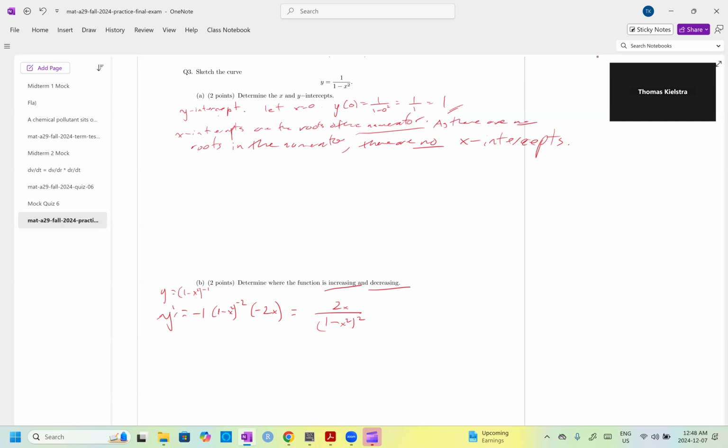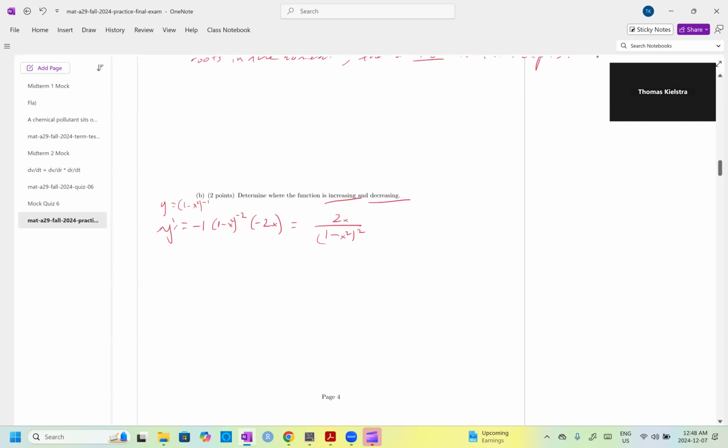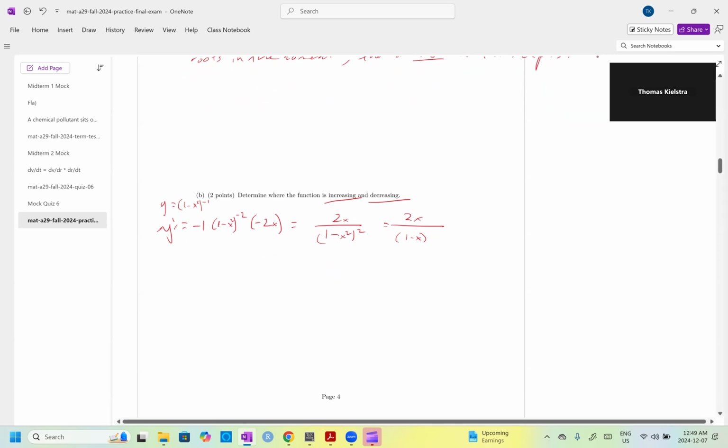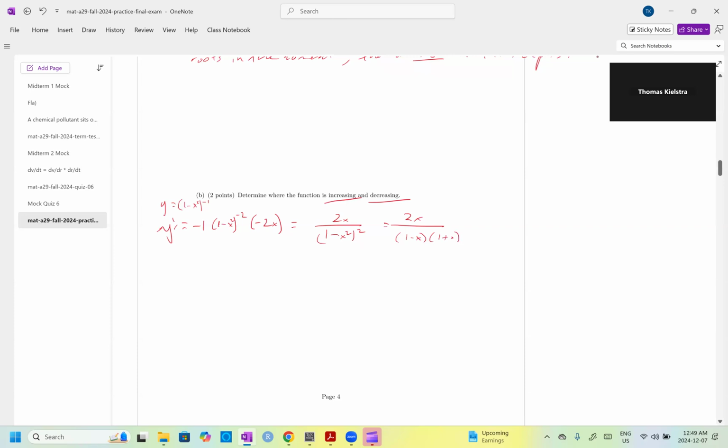Okay. To determine where we're increasing and decreasing, we want to find all the critical values and create a sign chart about that. So to do this, I want to factor this expression, numerator and denominator. 1 minus x, 1 plus x, and each of these terms are squared.